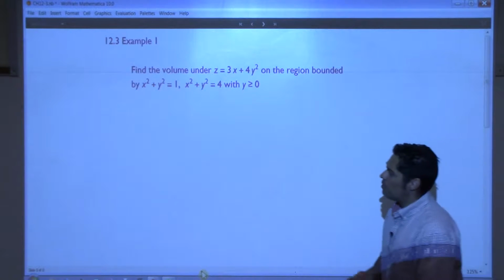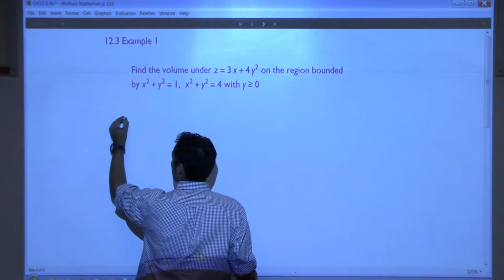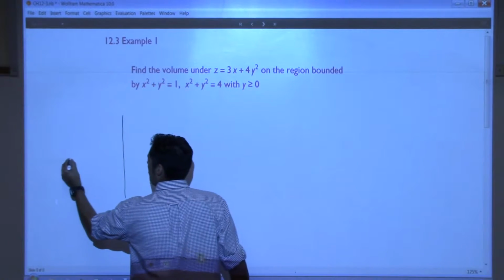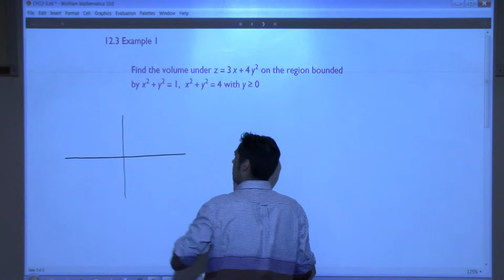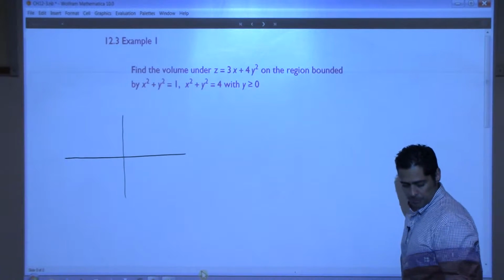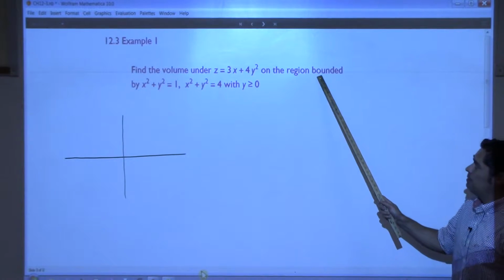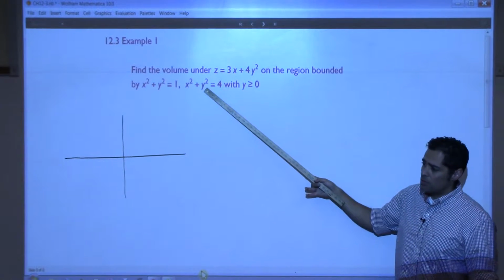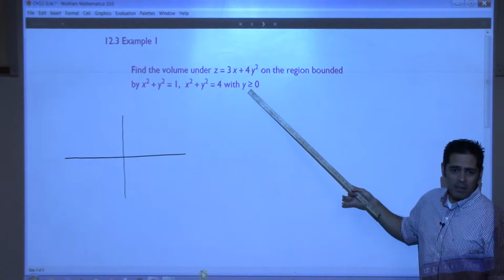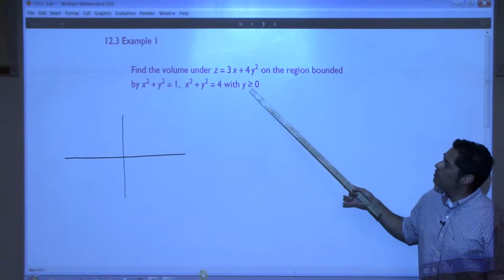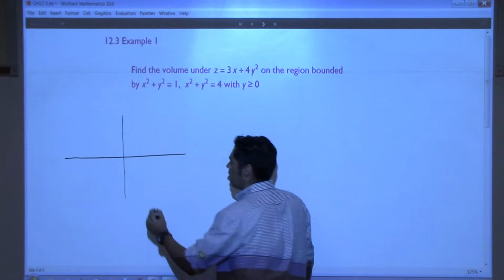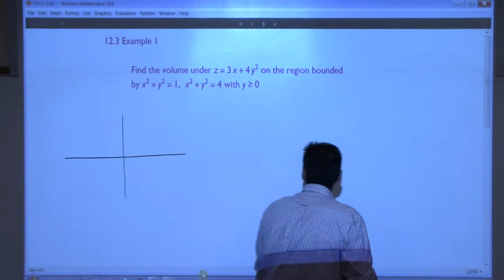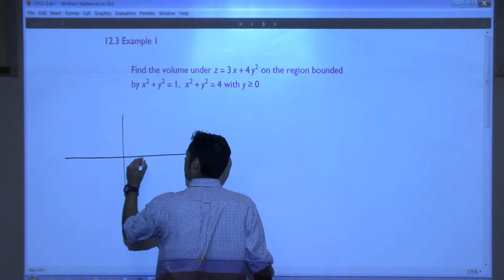Okay, so let's draw our region of integration. My region of integration is bounded by this circle, right? That's a circle. And this circle. And y has to be greater than or equal to 0. So x squared plus y squared is 1, is the unit circle.